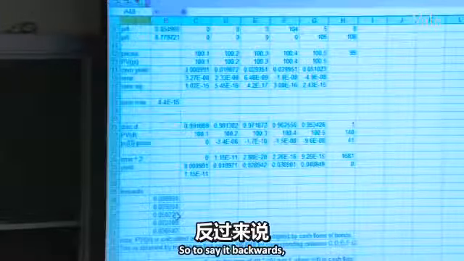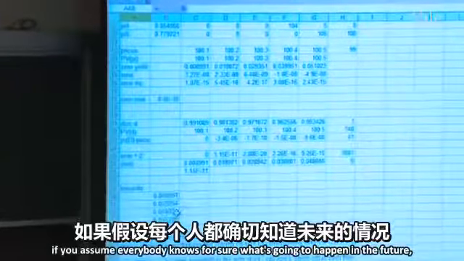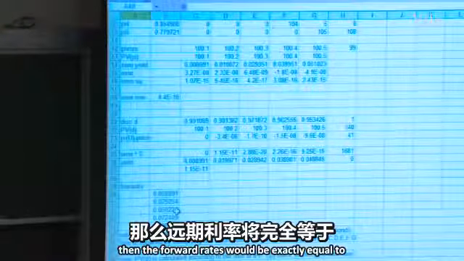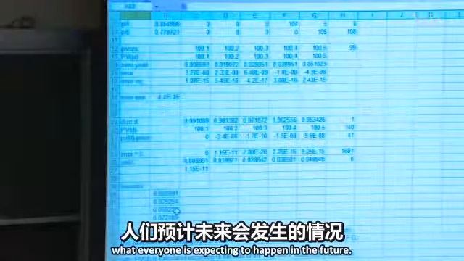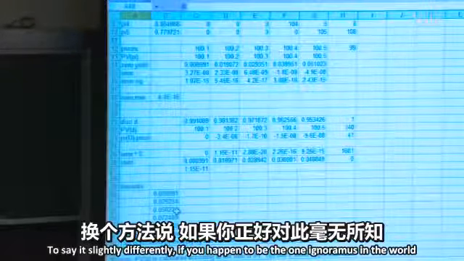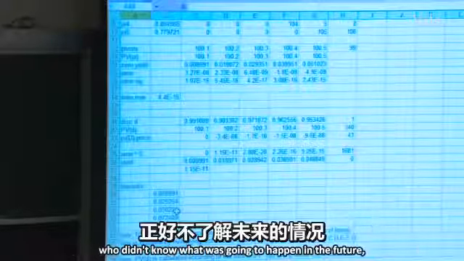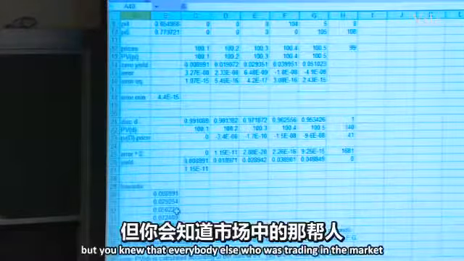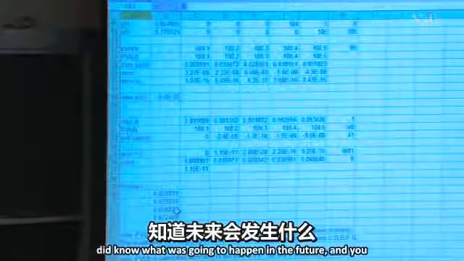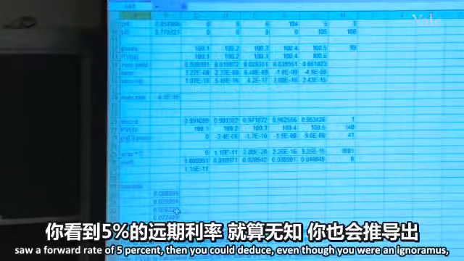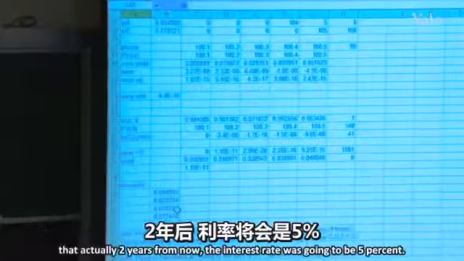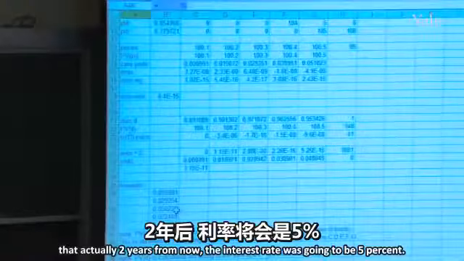So to say it backwards, if you assume everybody knows for sure what's going to happen in the future, then the forward rates would be exactly equal to what everyone is expecting to happen in the future. To say it slightly differently, if you happen to be the one ignoramus in the world who didn't know what was going to happen in the future, but you knew that everybody else who was trading in the market did know, and you saw a forward rate of 5%, then you could deduce, even though you were an ignoramus, that actually 2 years from now, the interest rate was going to be 5%.